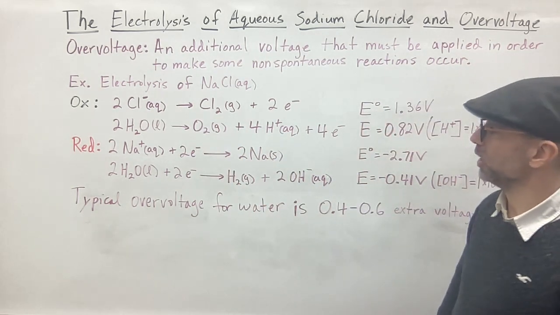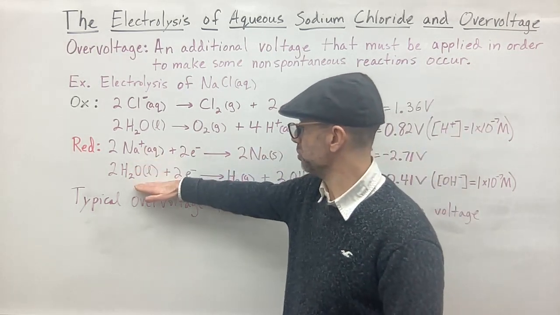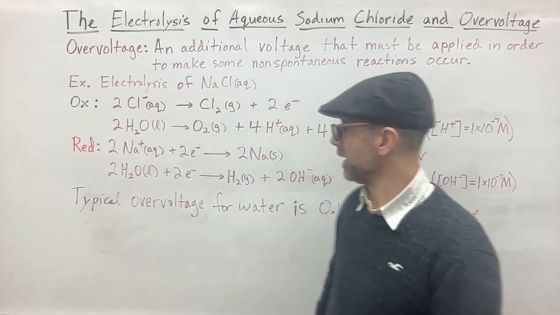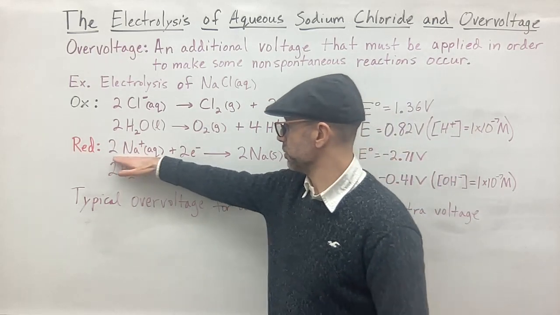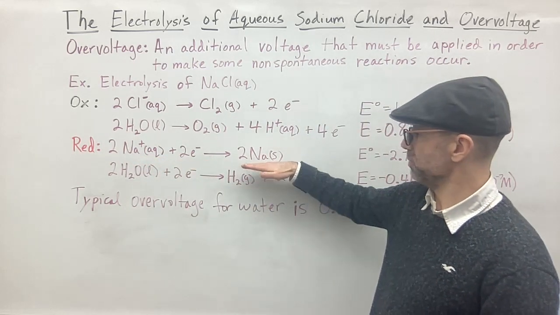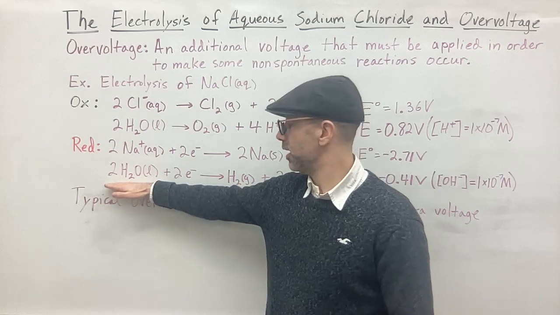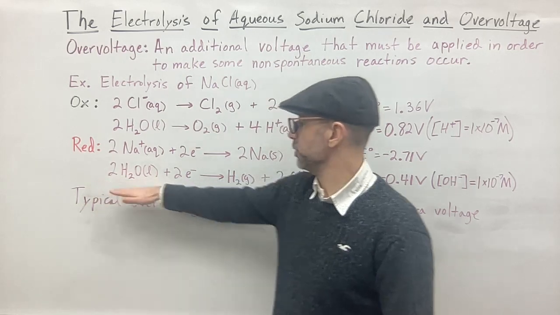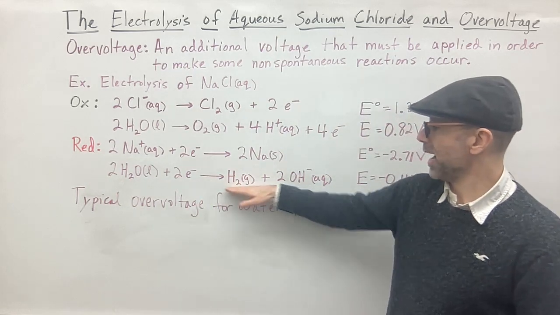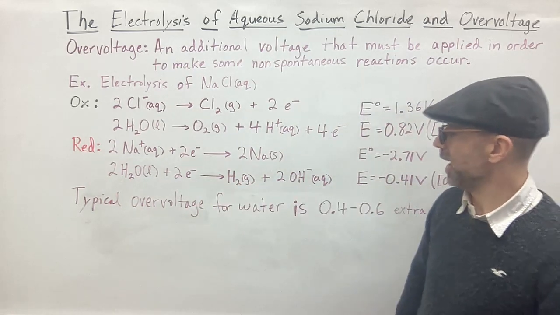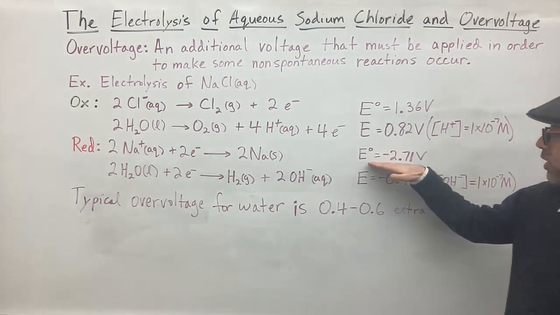What about the reduction? Again, we have two possible competing reactions at the cathode. The sodium ion could pick up an electron to become sodium metal, and we again have water as a competitor. Water could be reduced, pick up electrons, and form hydrogen gas at the cathode. Which one is going to happen?